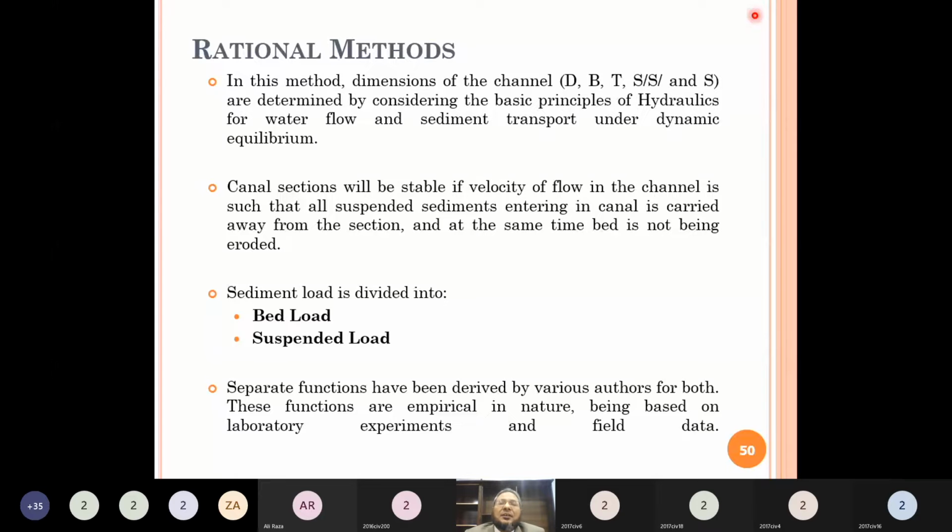Okay. But what about the lined channels? Lined channel has only one problem. What is that?